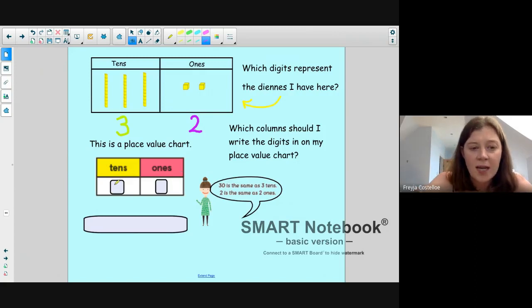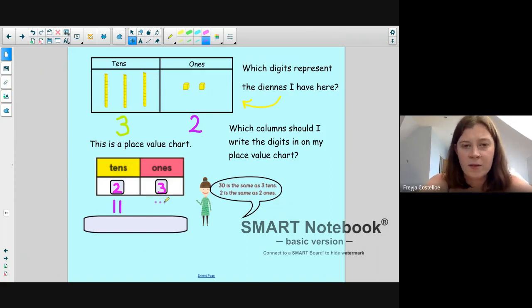Am I going to write my 2 here and my 3 here? That means that I would have 2 tens and 3 ones. Is that what I've got up here? 2 tens and 3 ones? It's not, is it?